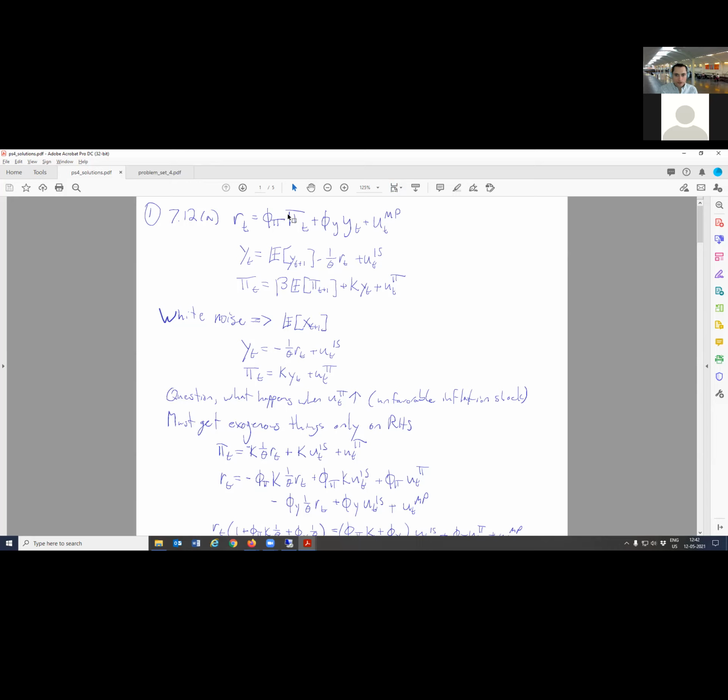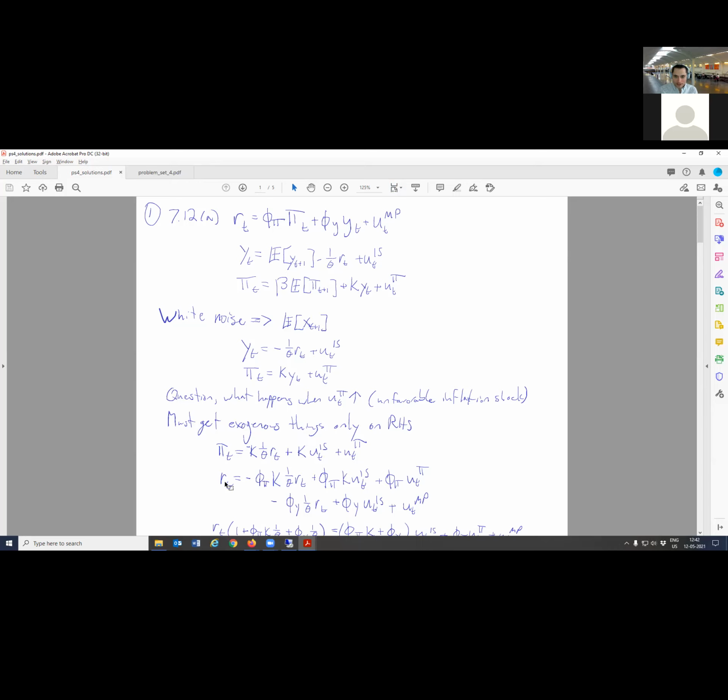So what am I going to do? I'm going to take my definition of pi t and substitute it in for this pi t. I'm going to take my definition of y t, which depends only on r t and exogenous things, and substitute that in up here. I make these two substitutions, and then I get this equation.